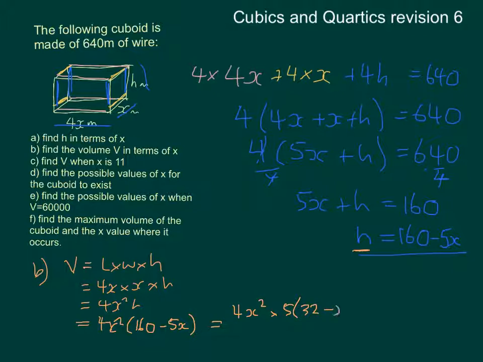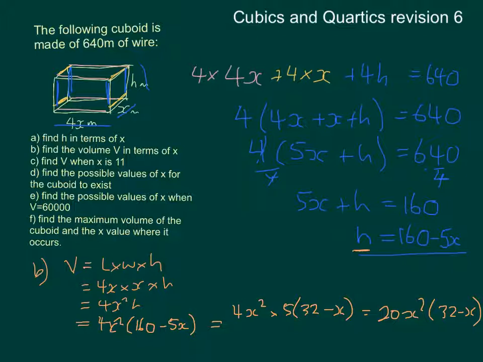And take away x, which will equal 4 times 5 is 20, x squared, 32 take away x. And that's the answer to the second part of that question.